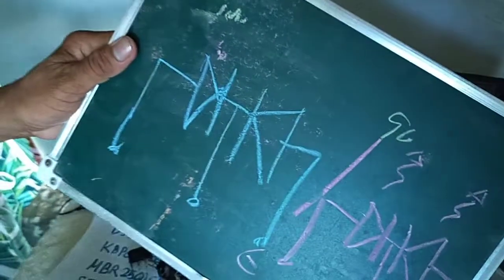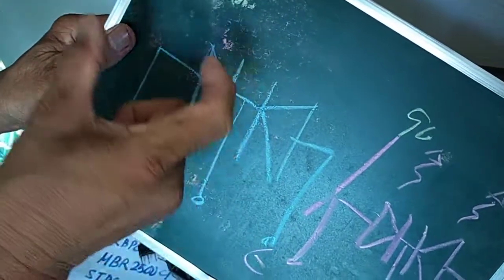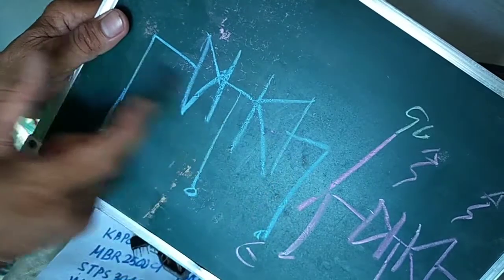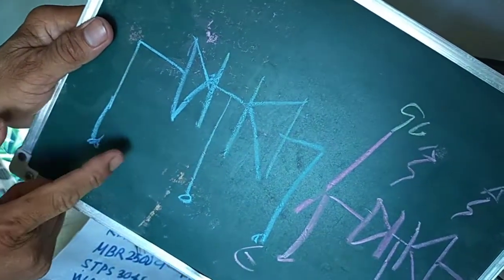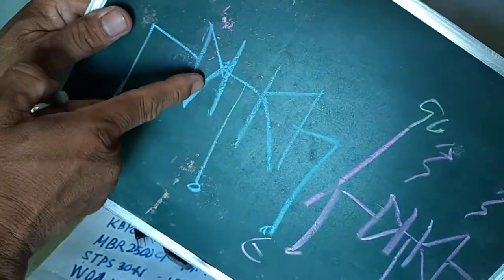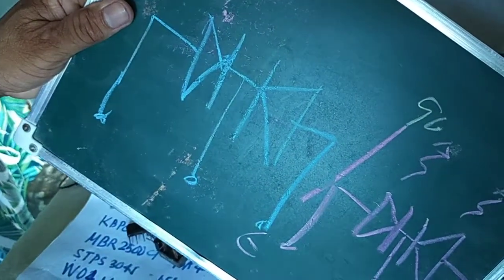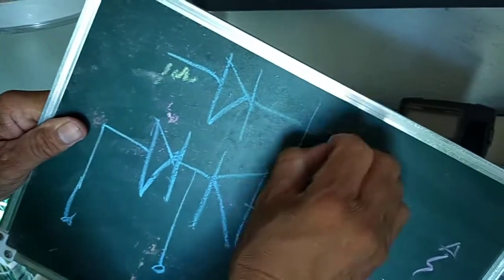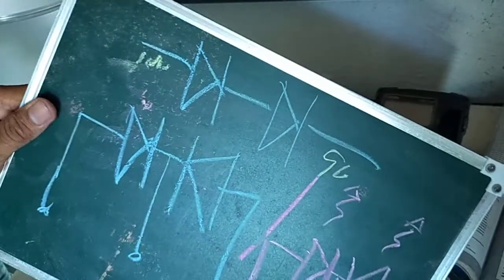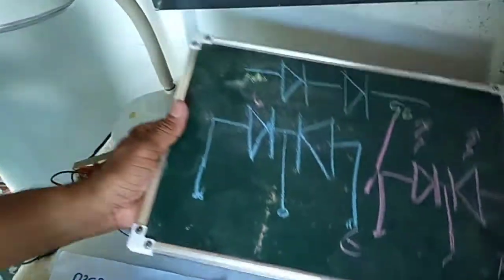Wherein two diodes are connected in inverse configuration. It is inverse because the two diodes actually are not connected in series. Because if it is in series, it goes like this. It goes like this, no? Okay, let us try.